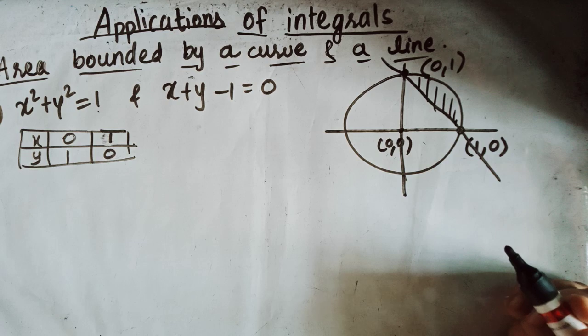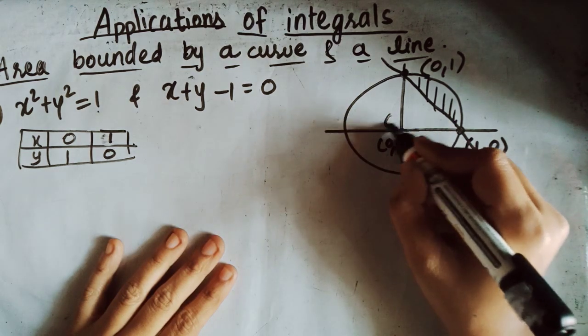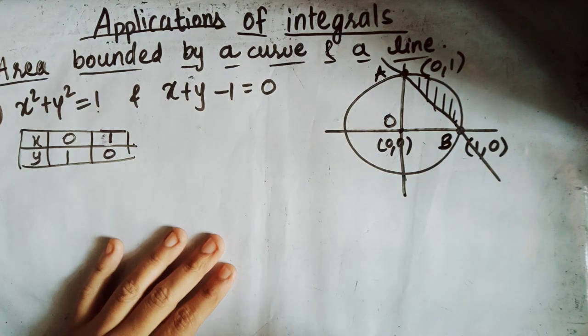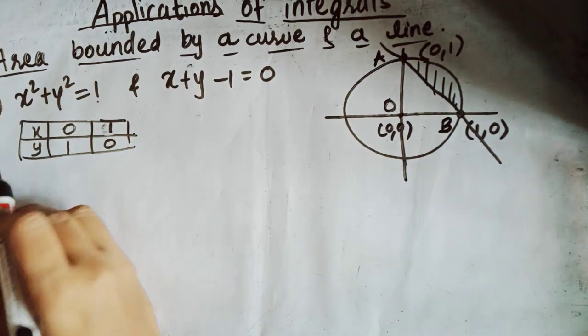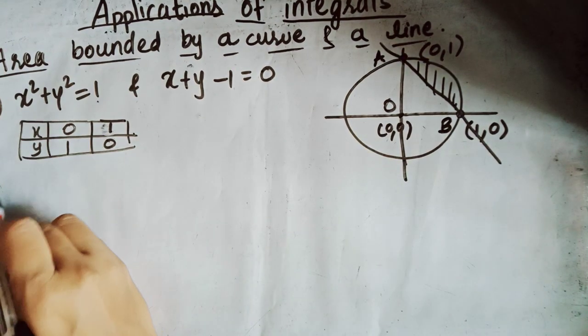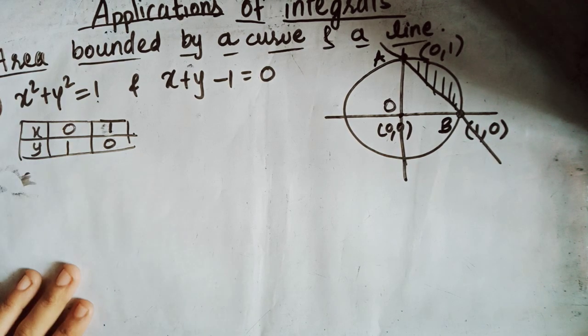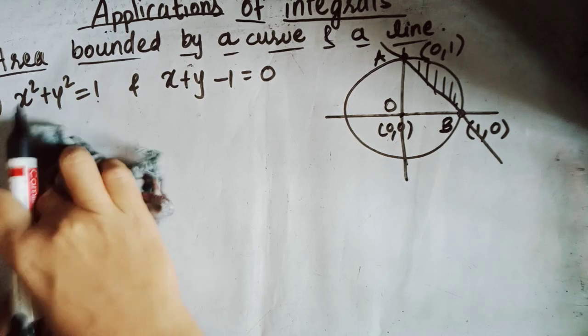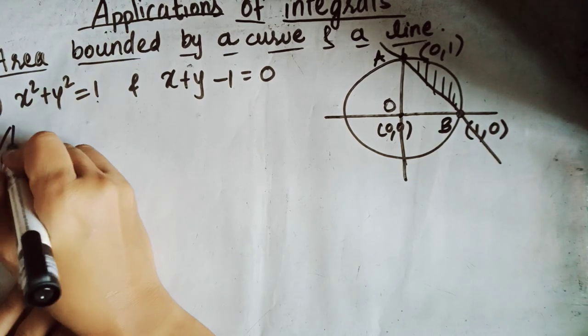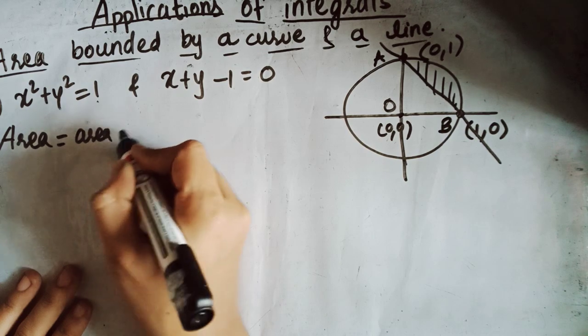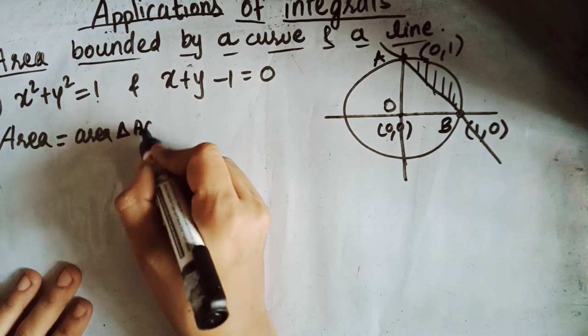So I'm going to write here OAB. Okay, so to find the area, I'll drop this. So to find the area, we need the area of triangle AOB.